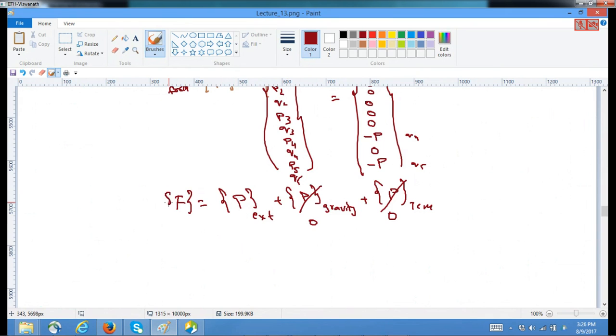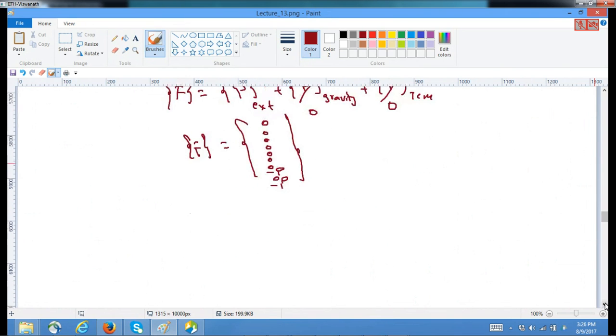So my force vector F is only due to the external forces: 0, 0, 0, minus p, 0, minus p. This is my force vector. Now I have the forces, so I can write K global times my d vector equals my force vector.